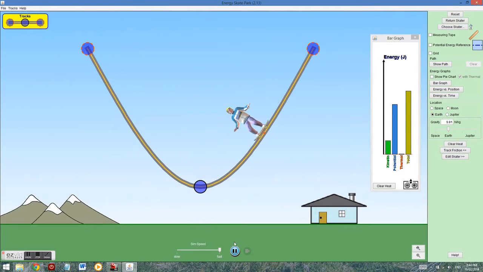At the highest point, it has more potential energy and it moves slower. Since it moves down, it has more kinetic energy and less potential energy.